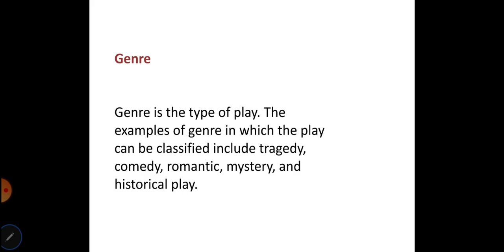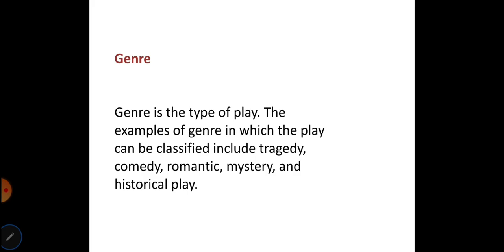You know that plays are not of the same type. Probably you have heard these expressions before. A play is either a tragedy, a comedy, a romance, a mystery, or a historical play, just to mention few examples of many other types of drama.